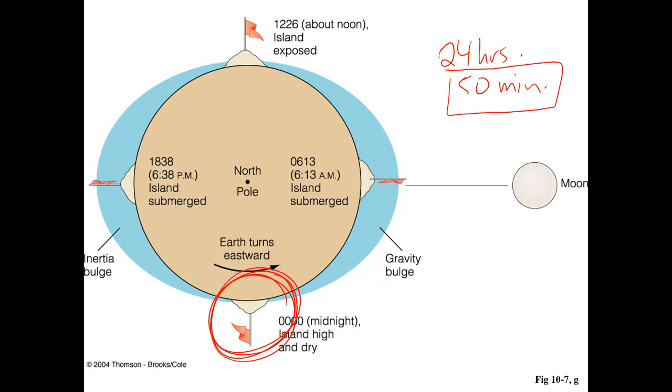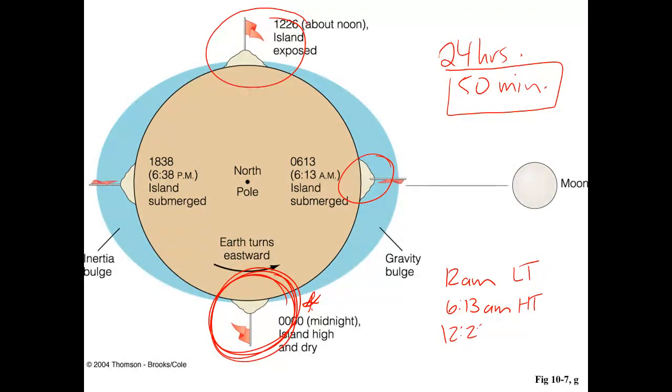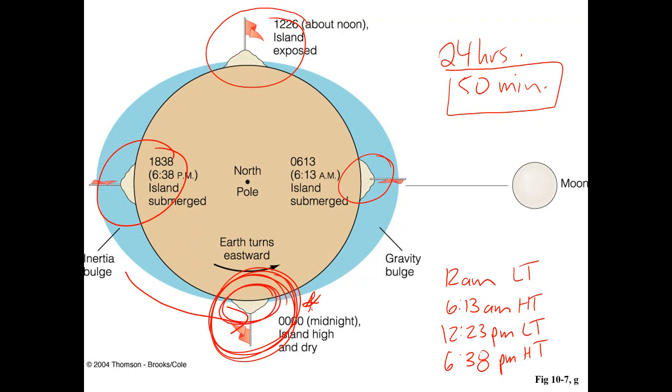So we have gone from 12 a.m. here, okay, to our high tide, 6:13 a.m., low tide, high tide, to our next low tide, 12:23 p.m., to our next high tide, back to low tide the next day, which has to be 12:50 a.m. low tide.